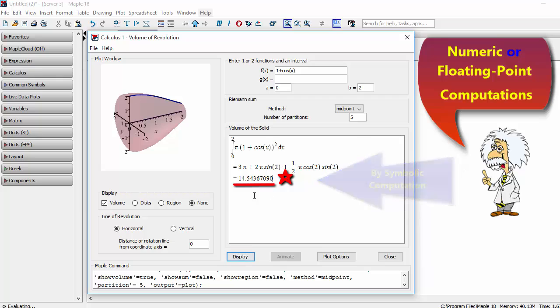In order to find this volume of the solid of revolution by numeric, or floating point computation, we can use, for example, the disk method.